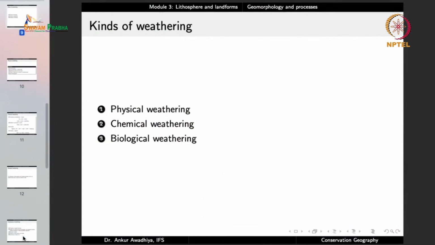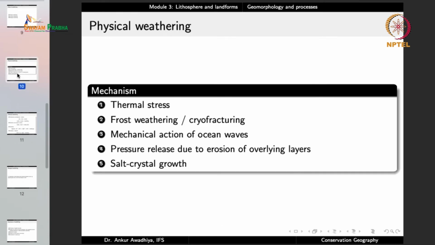There are three different kinds of weathering. We have physical weathering, chemical weathering, and biological weathering. Physical weathering occurs through several mechanisms that act physically, meaning that there is no chemical reaction that goes on. It is just an action of changing temperature or pressure and so on.